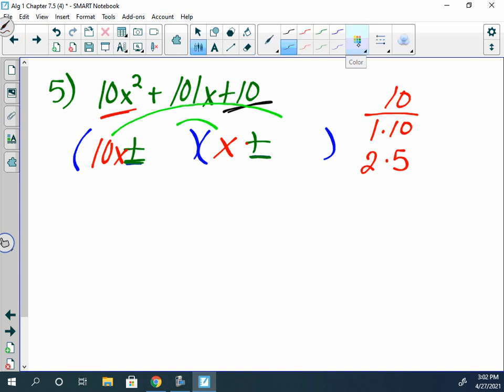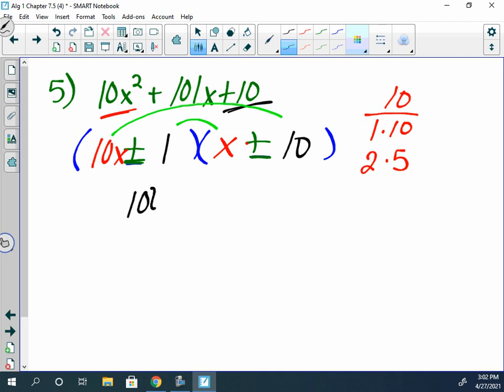With our third term, do we want to go with 2 and 5 or 1 and 10? Okay? All right. So go 10 and 1, and then go 1 and 10. So 10x times 10, or 10 times 10, is?